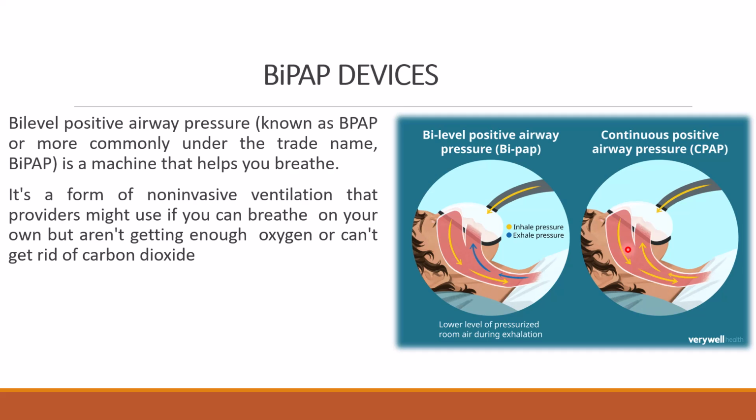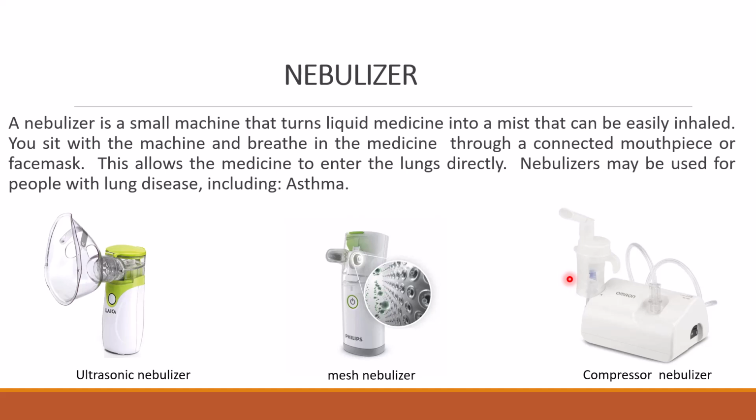We have also nebulizers. Nebulizing means we are going to convert a liquid to a mist. We use a nebulizer to turn a liquid medicine into a mist that can be easily inhaled and delivered directly to the patient's lungs.